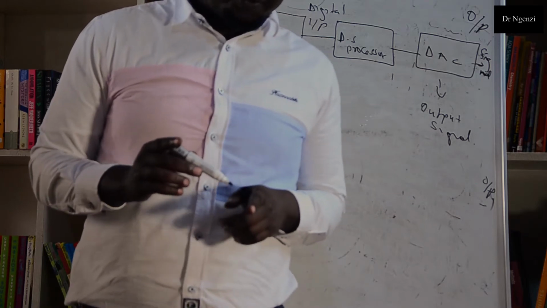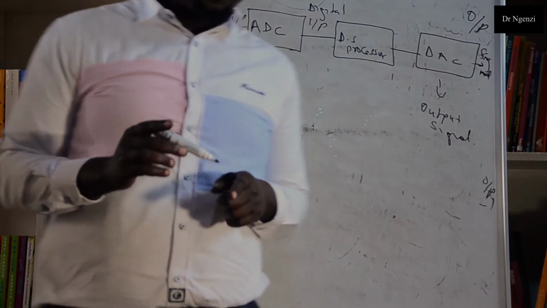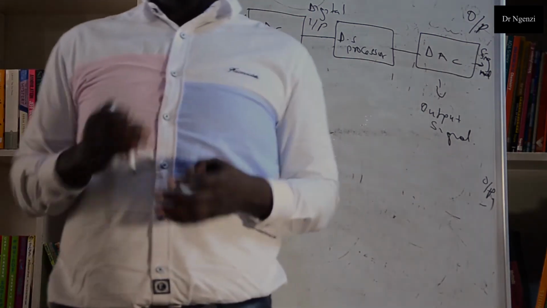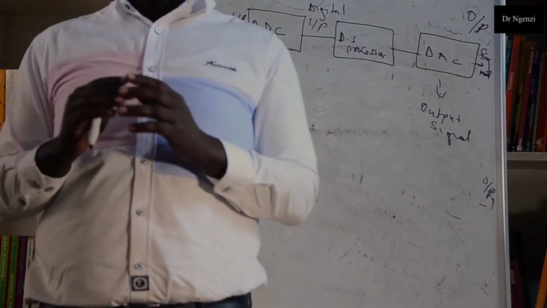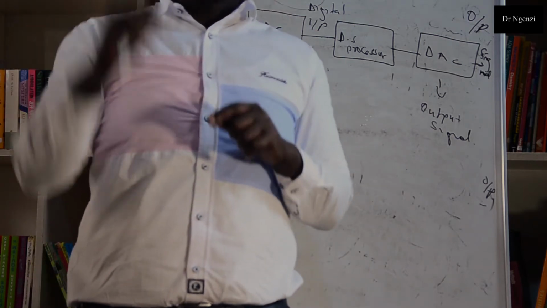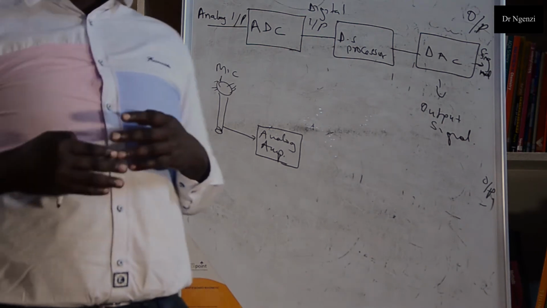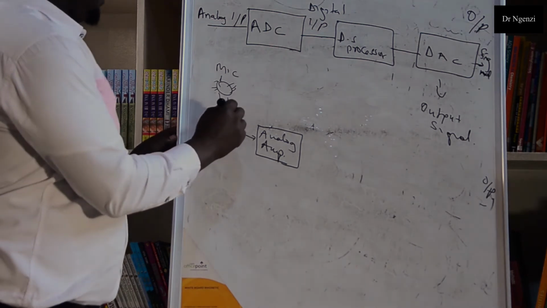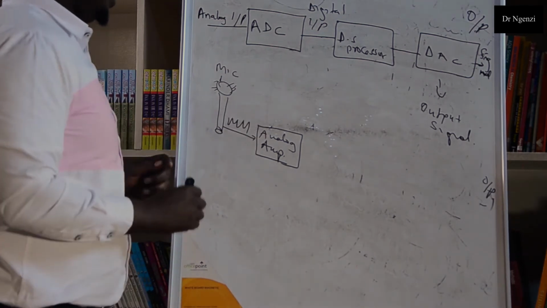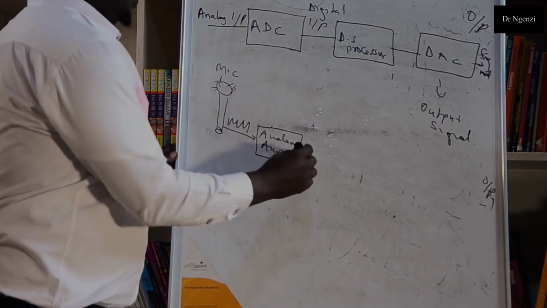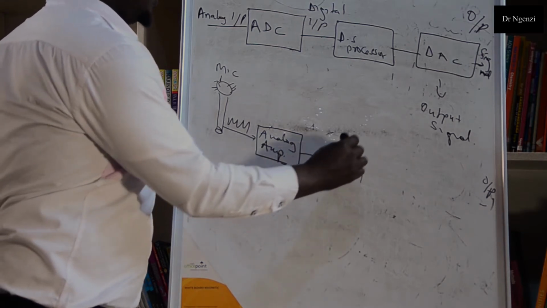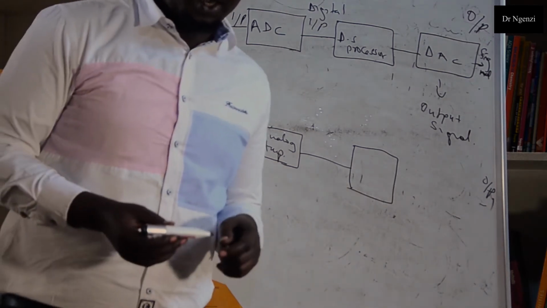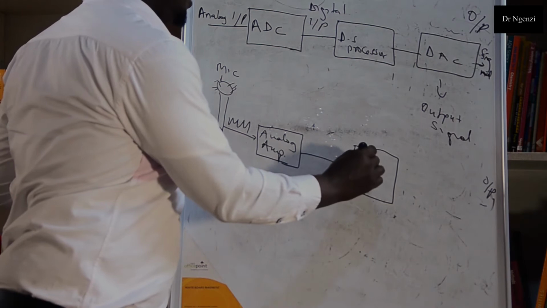Then before it goes to the analog amplifier, it has to give some bubbling sound. I mean, when you are using a mic, it's going to give some signal. You remember when it is being registered somewhere, it's going to give some signals, and those are analog, of course. It will give, for example, here an analog, and of course still it is analog, but we have to convert it using the analog to digital converter, ADC.